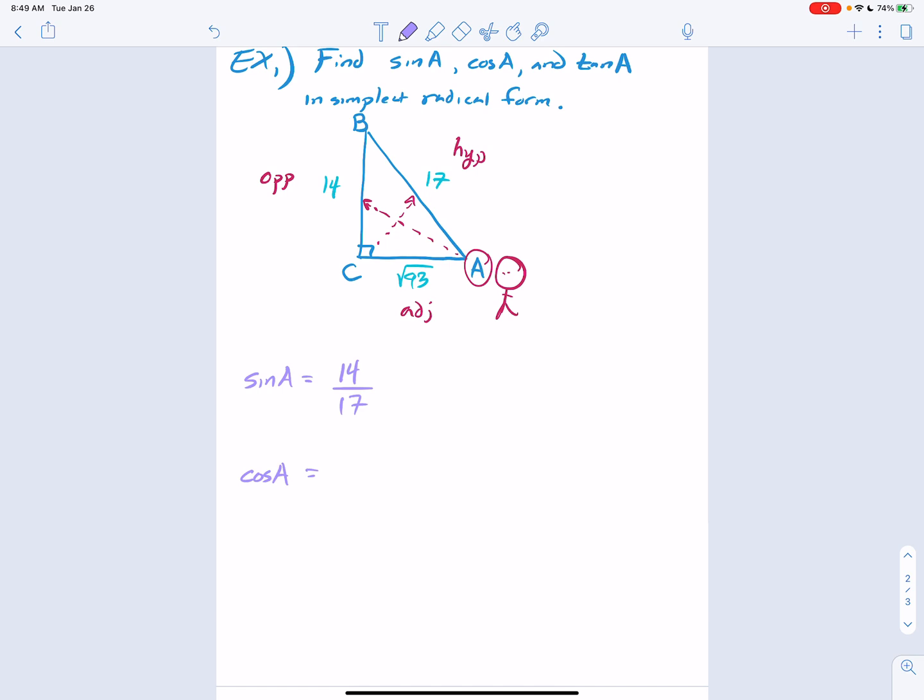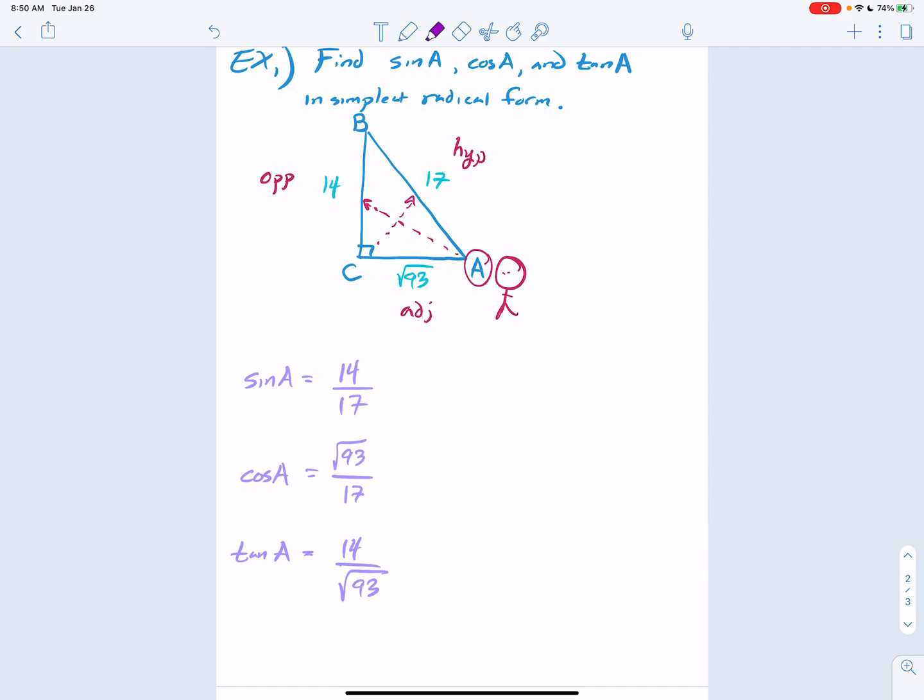So CAH, C-A-H, adjacent over hypotenuse. And tangent of A is equal to opposite, TOA, opposite over adjacent. Okay, and generally that's how you do it, okay?